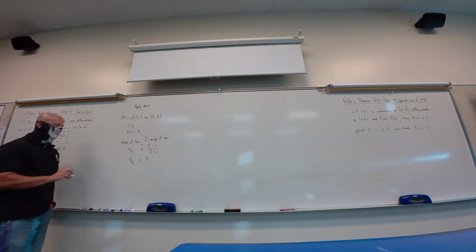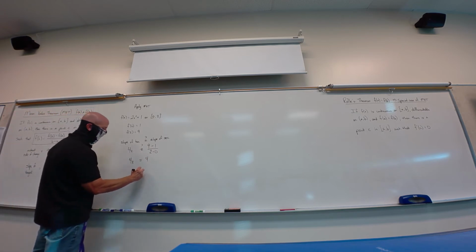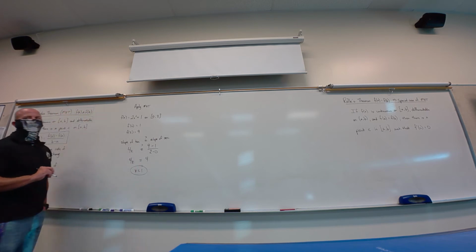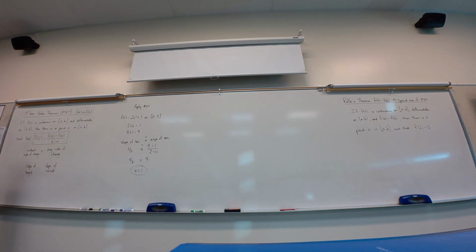This happens at x equals 1, in that interval, and that just so happens to be right in the middle. Don't look anything into that. It's not always in the middle. Okay? But at x equals 1, the slope of the tangent would equal the slope of the secant.